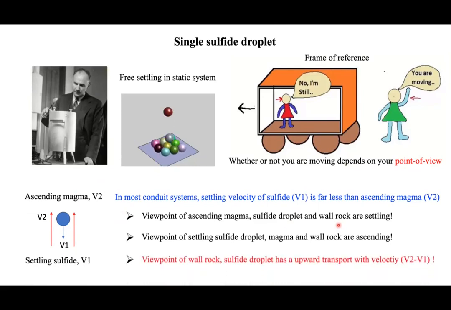And the most important thing is, if we take the viewpoint of the wall rock, a static wall rock, the sulfide droplet still has an upward transport with a velocity equal to V2 minus V1. So I think a single sulfide droplet in an ascending magma flow easily takes upward transport. It just depends on the frame of reference.